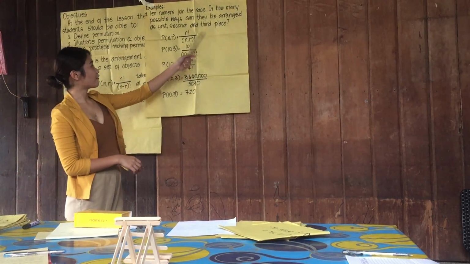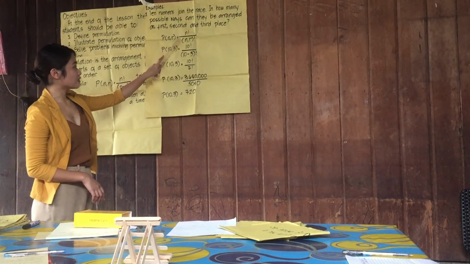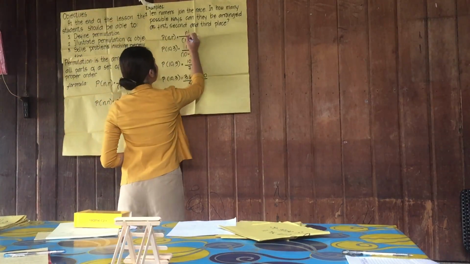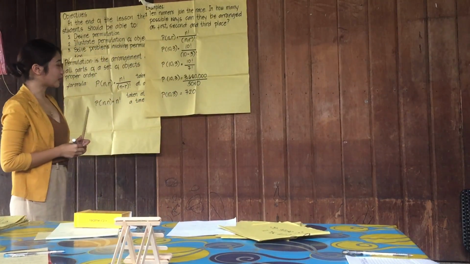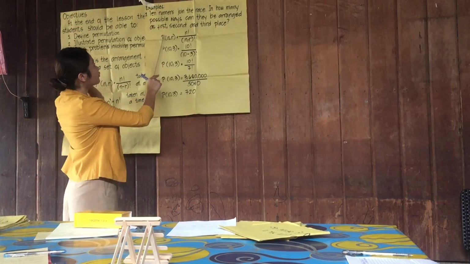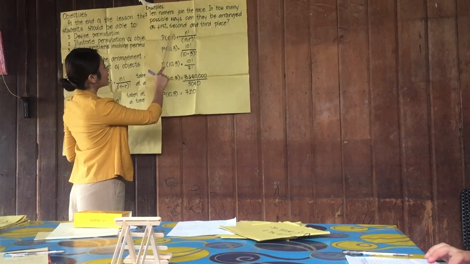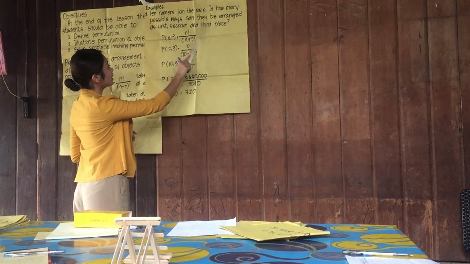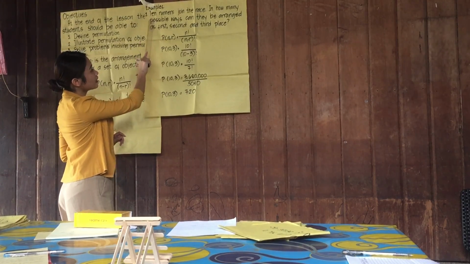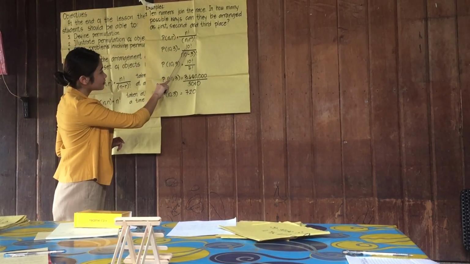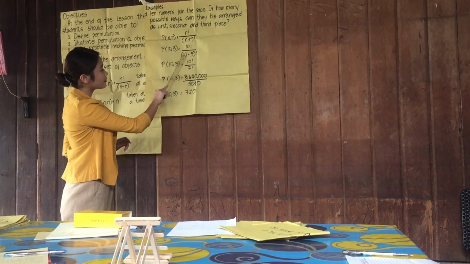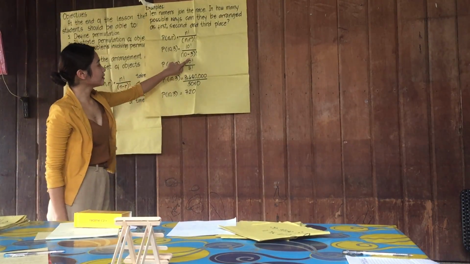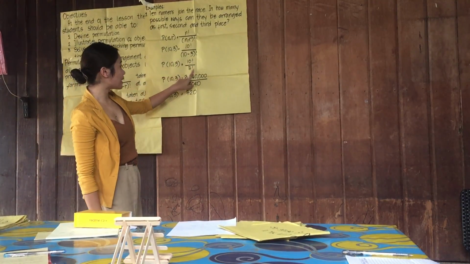So we will use P(n,r) is equal to n factorial divided by n minus r factorial. The value of n is 10, r is 3. Why 3? 1, 2, 3: first, second, and third. So 10 factorial divided by 10 minus 3, which is 10 factorial divided by 7 factorial.